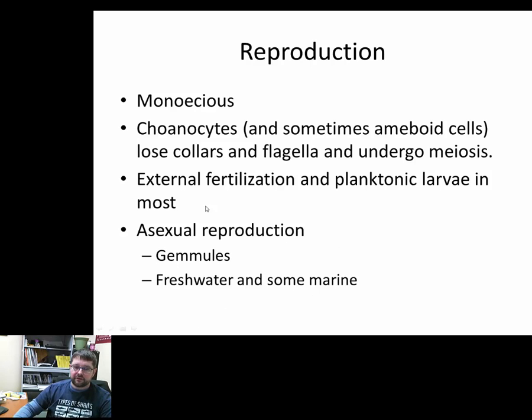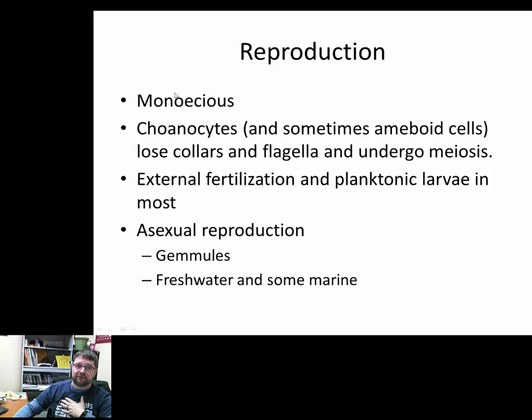Now, it can occur in some marine systems. It occurs often in freshwater systems. You might expect this given that the planktonic larvae is sometimes difficult to have in a freshwater system. It's hard sometimes to have the sperm and egg encounter each other in a freshwater system.